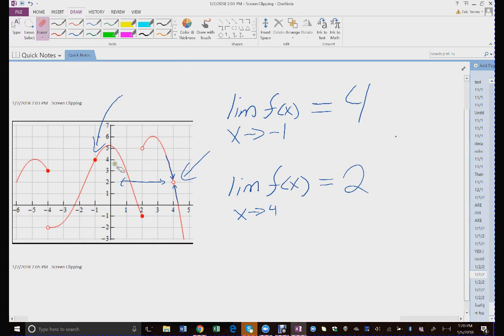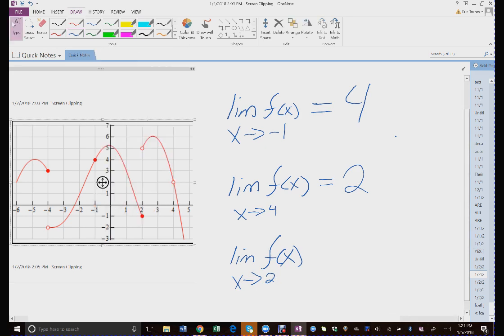Now, let's take a look at another question. What if I was to ask you, what is the limit of f of x as x approaches 2? So I'm going to zoom into my graph.